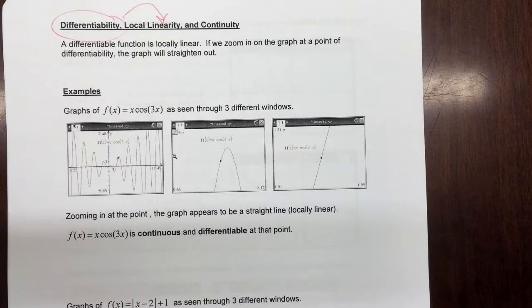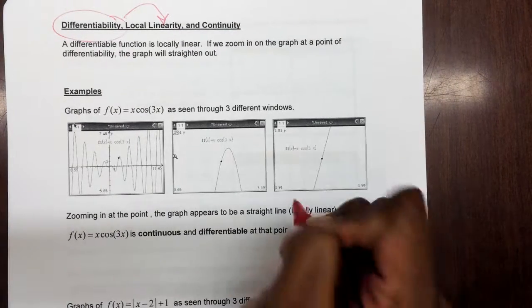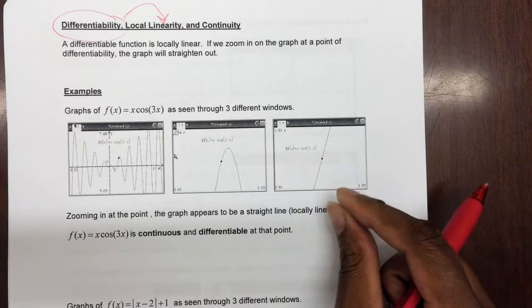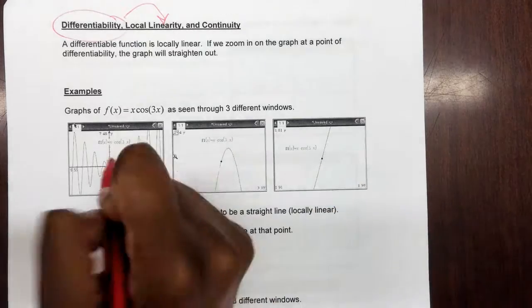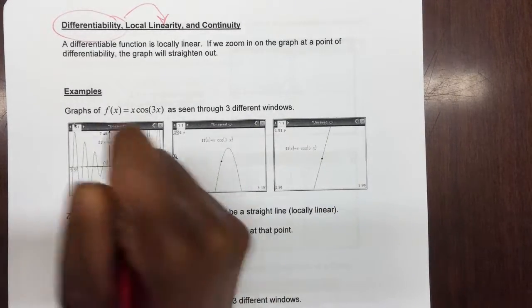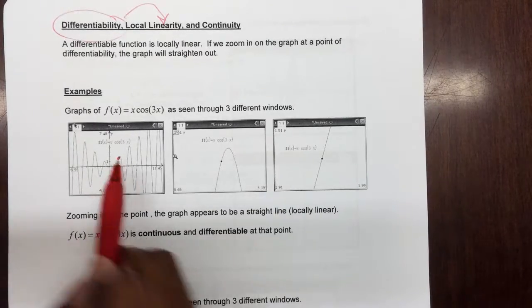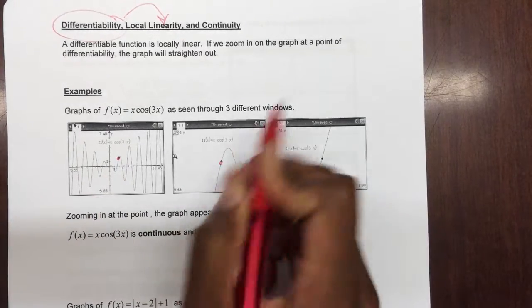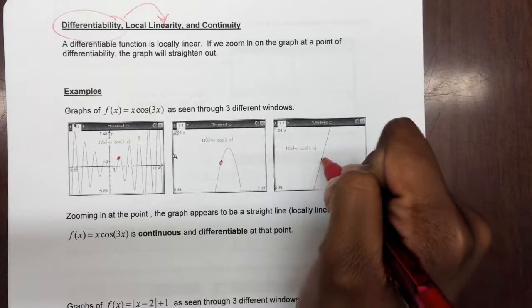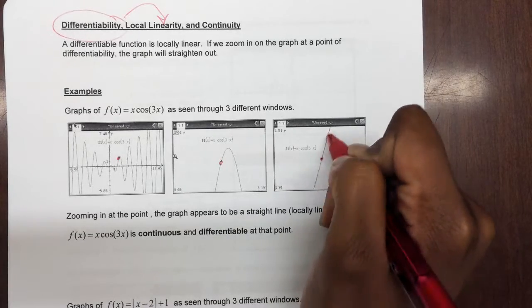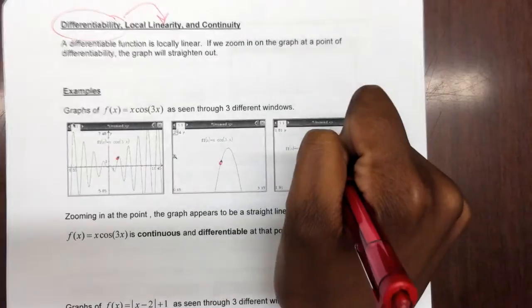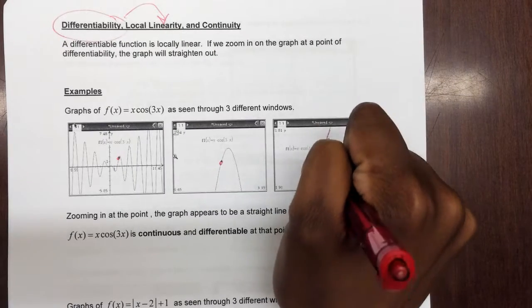As we zoom closer and closer into that point, we should be able to see a line extending. In the example, here's our point zoomed out. As we zoom closer, there's still this little hump, but the closer we get, we notice that it just becomes a straight line, and we can find the slope of this straight line.